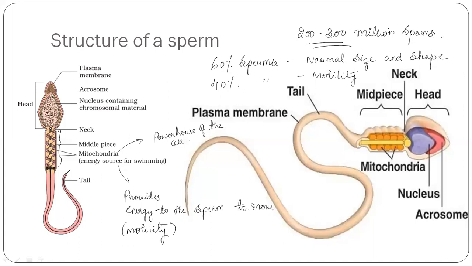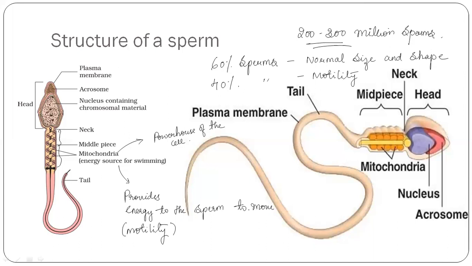Later, the secretions of the epididymis, vasa deferens, seminal vesicle, and prostate gland are essential for the maturation and motility of the sperm. Whatever the accessory ducts and accessory glands secrete helps in the maturation of the sperm.